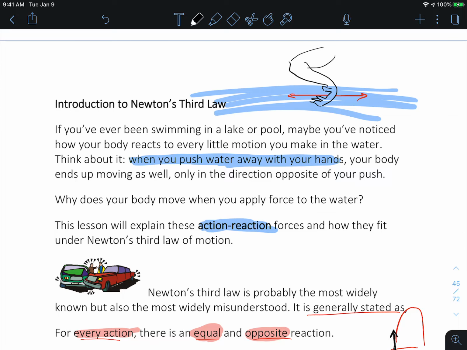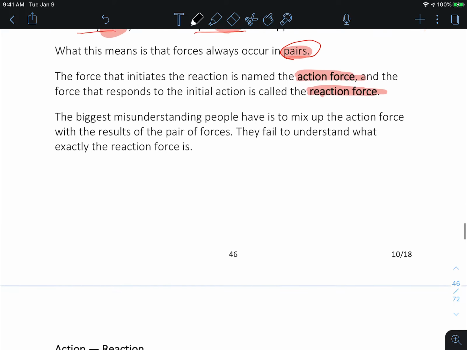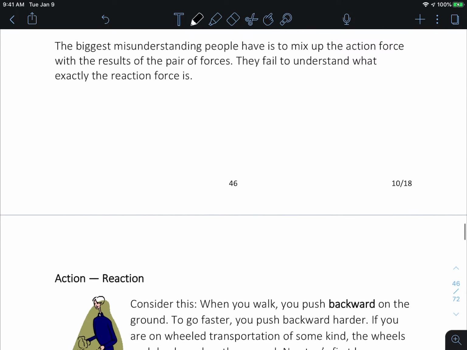The stronger you push in the water, sure, you do go a little bit faster, but there are other forces involved as well. Your body initially exerts a certain amount of force on the water, and the water exerts a certain amount of force back, and then we get a bunch of other forces that oppose it until we get the net force that causes the body to accelerate through the water.